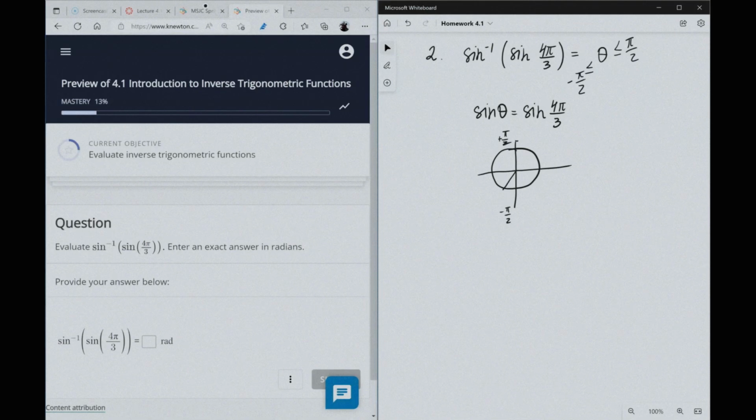So which angle in these two quadrants has the same sine? And the answer is, it's going to be negative pi over 3. So this angle has exactly the same sine as this angle. But this angle satisfies this condition. So the answer is negative pi over 3.